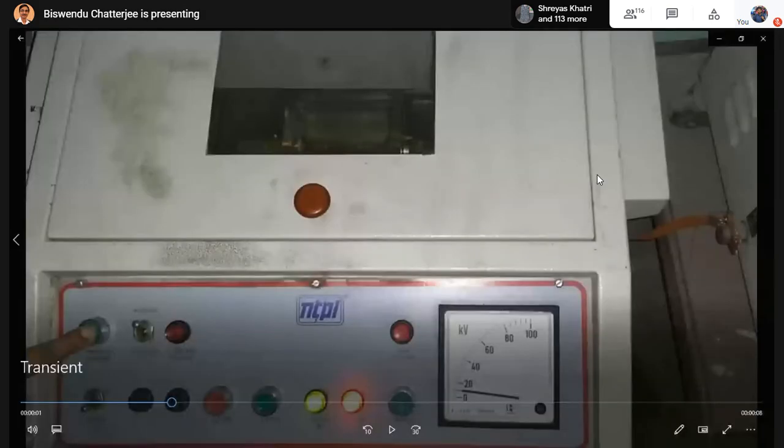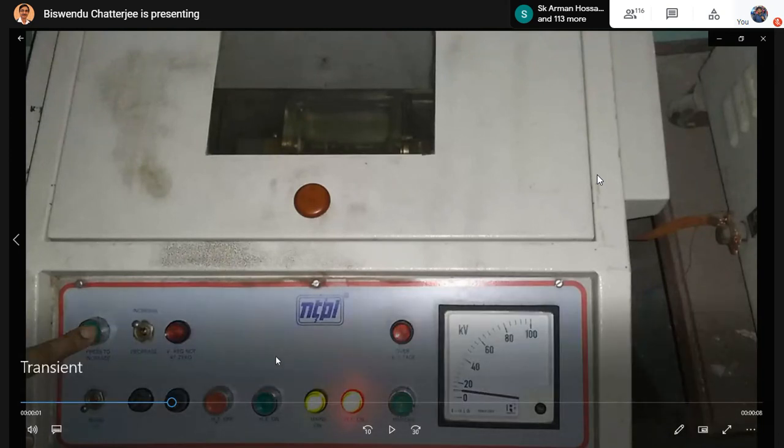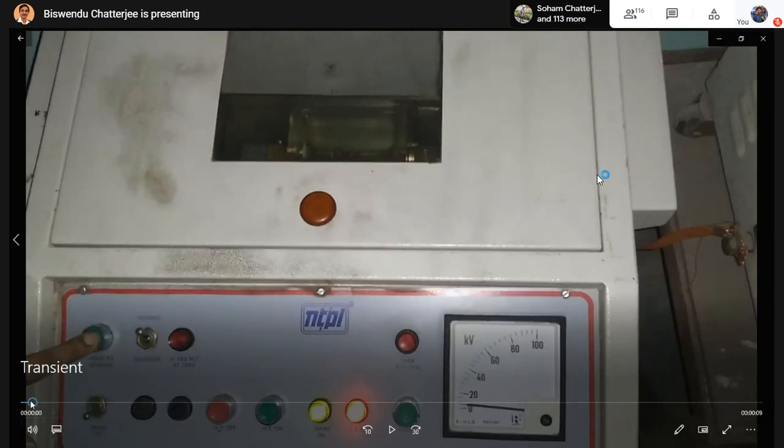After transient breakdown, that chain breaks, and the gap holds its 2.5 millimeter. That is why there is no tripping in the power circuit after transient breakdown. From that also you can identify.